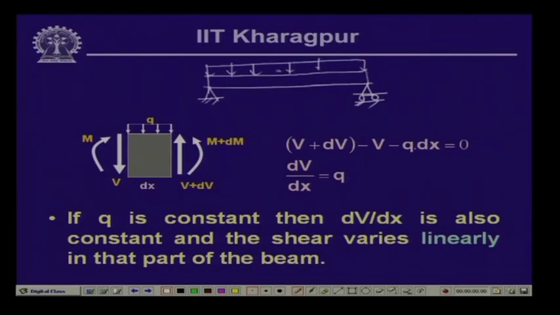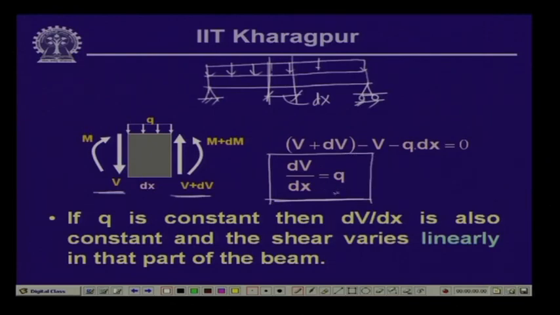Now, if we take a part of this beam of length dx, then according to our conventions we have placed the shear force and the bending moment on two sides. This particular equation we have seen in the last lesson: dV/dx is equal to q.